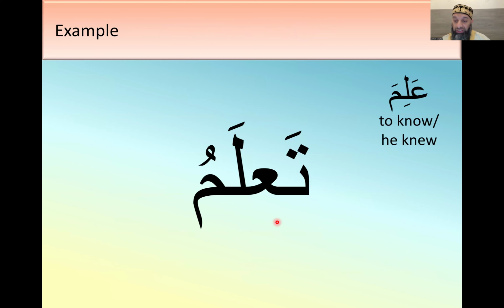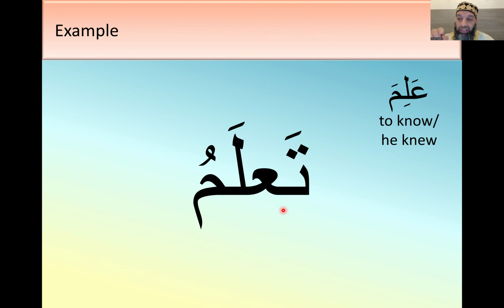So now, go back to your table in your notes and keep looking at that, or look at the infographics diagram. So, alima means to know. Ta'lamu means you.